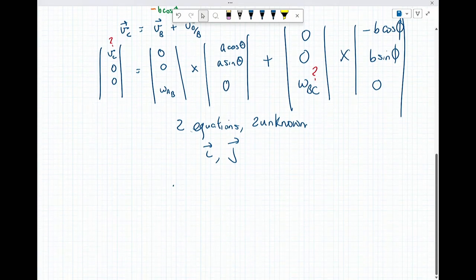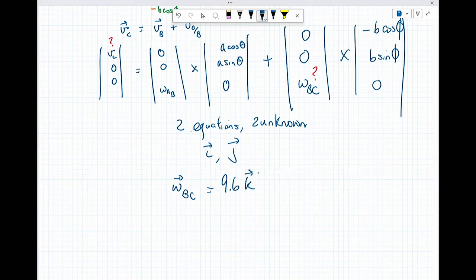And I'll end up with omega BC, which is equal to 9.6 k rads per second, and velocity of C, which is equal to minus 1.7 meters per second in the I direction.